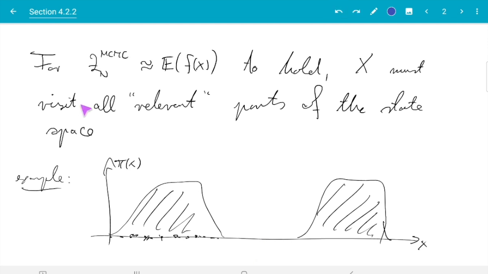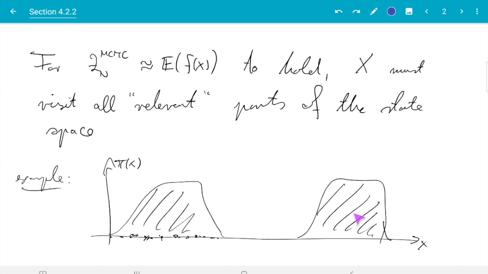This criterion, must visit all relevant parts of the state space, is formalized in section 4.2.1, and there you can read actual theorems which tell you conditions under which the estimate is guaranteed to converge to the correct value as n goes to infinity. We'll not cover this here, and for practical applications, most of the time the intuition which comes from this picture is enough.